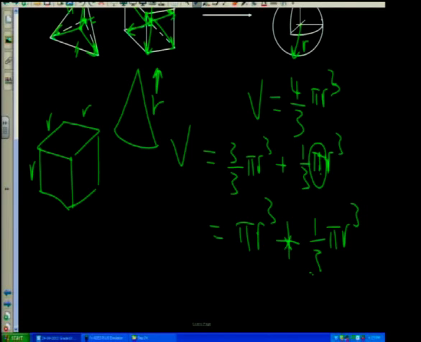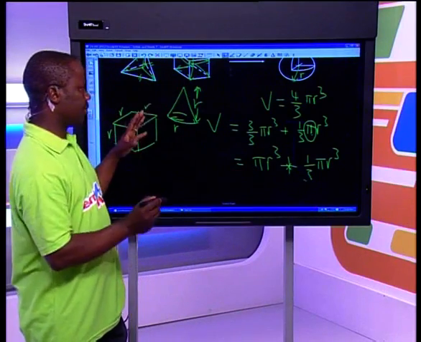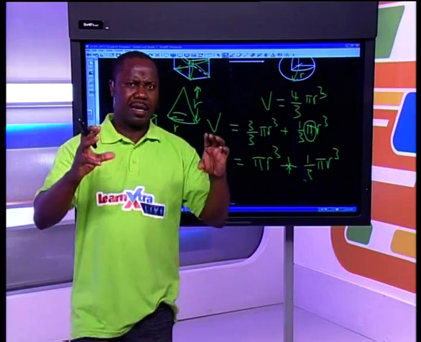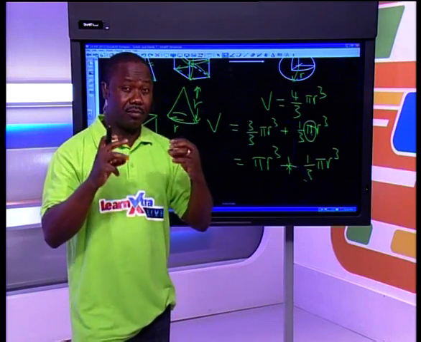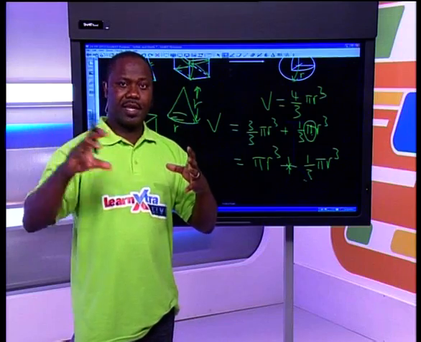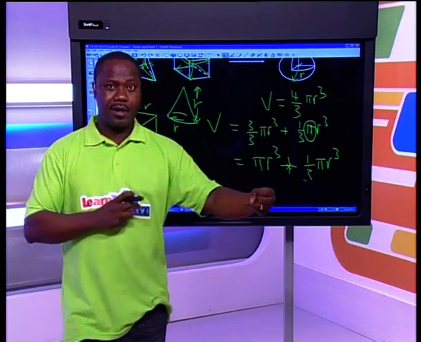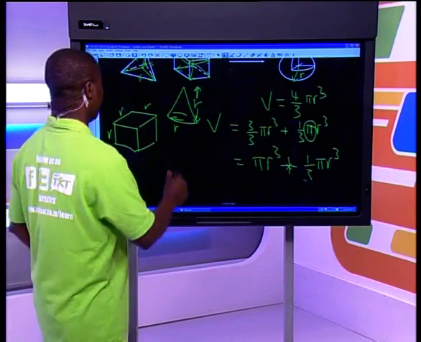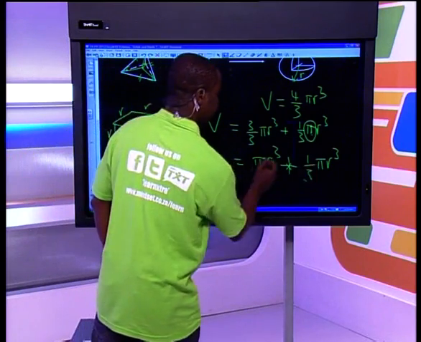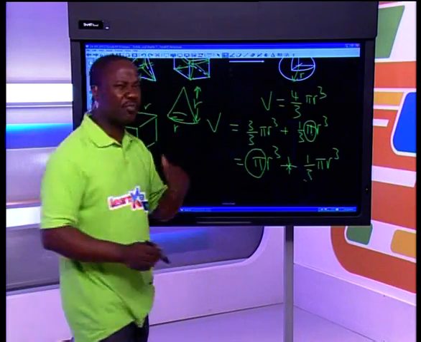If this was the height, remember how we find the volume of a cone? We said a third of the base area times the height. So this would be the radius r, and if it had the height r, that would be the volume of a cone. So the volume of a sphere is more like a compound volume, just taking a cone and a cube, but now that cube must have a scale factor of pi anyway.